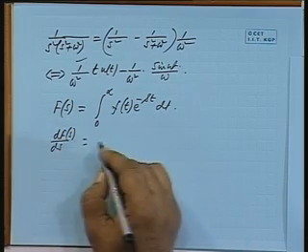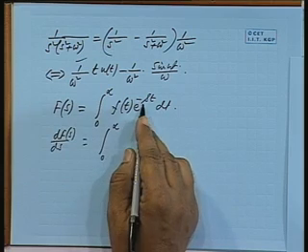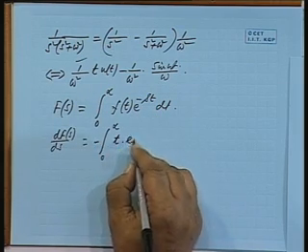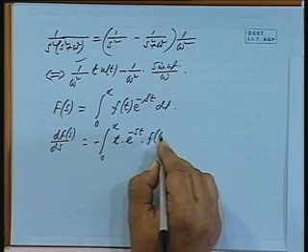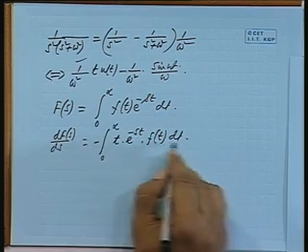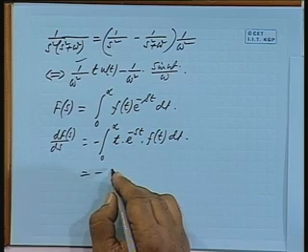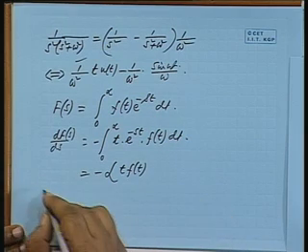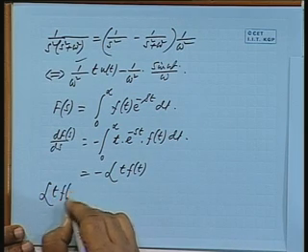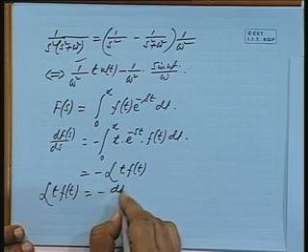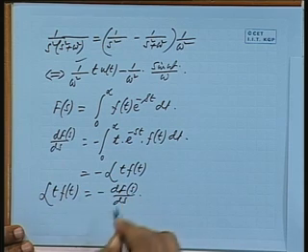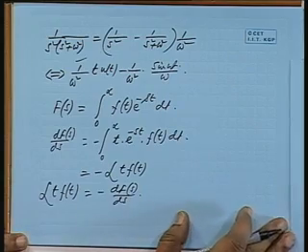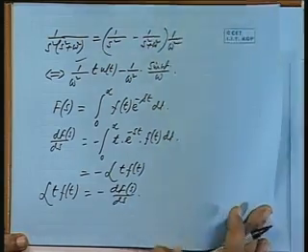It will be t into e to the power minus s t with a negative sign, f t dt. And what is this? Laplace transform of t f t with a negative sign. So, Laplace transform of t into f t is minus dF by ds.